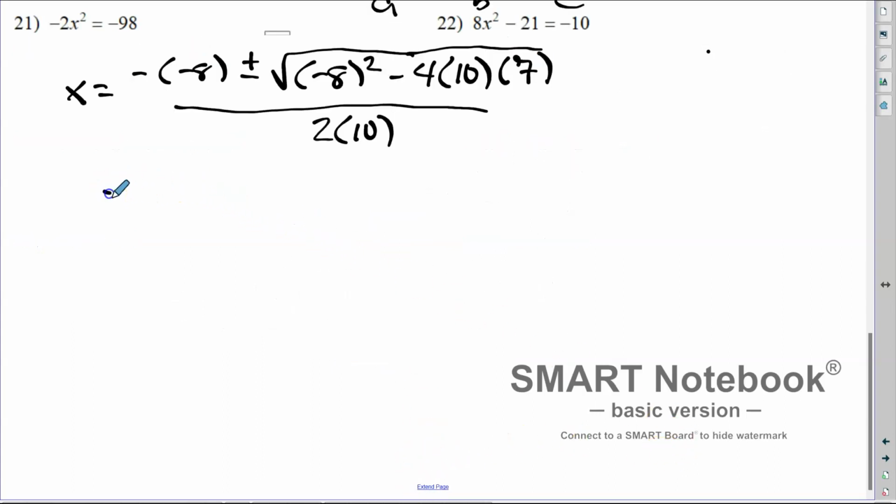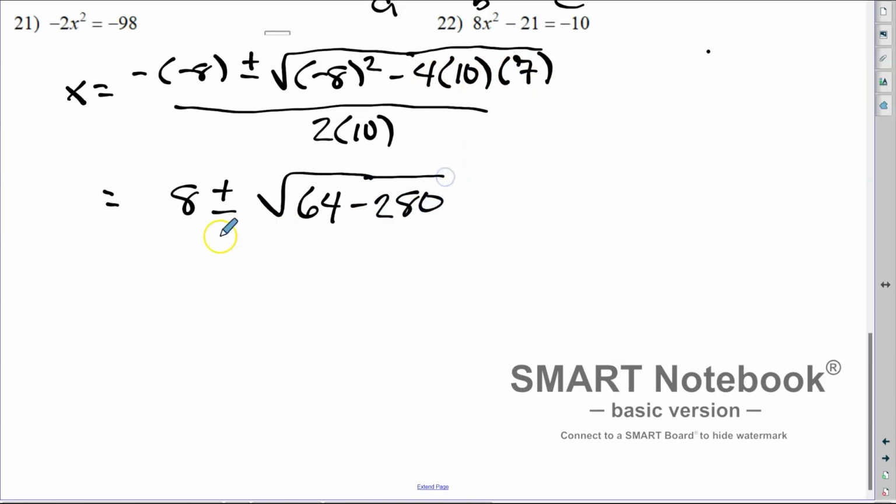So now we go and put in some math work, simplify, and negative is 8. Okay, not dealing with the negatives appropriately is going to cause problems, so just take some extra care there. This is 64 minus 40 times 7 is 280, all over 20.